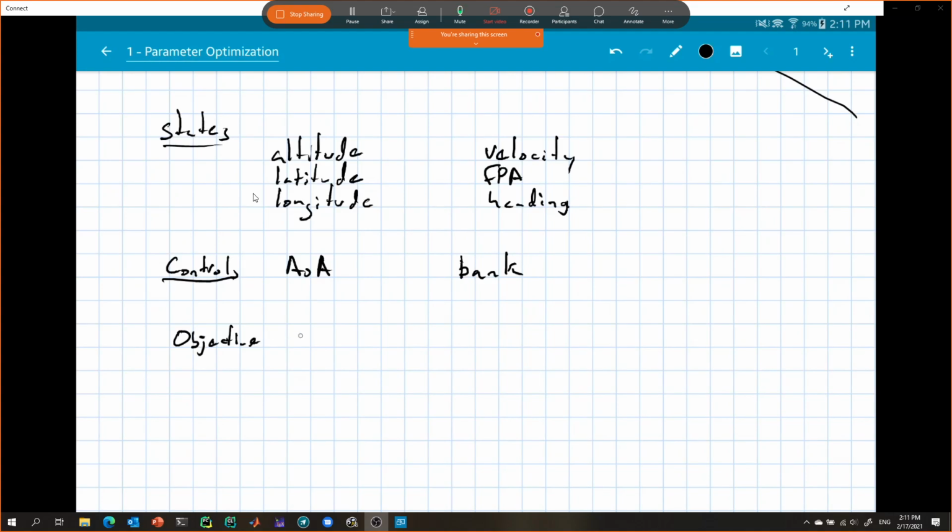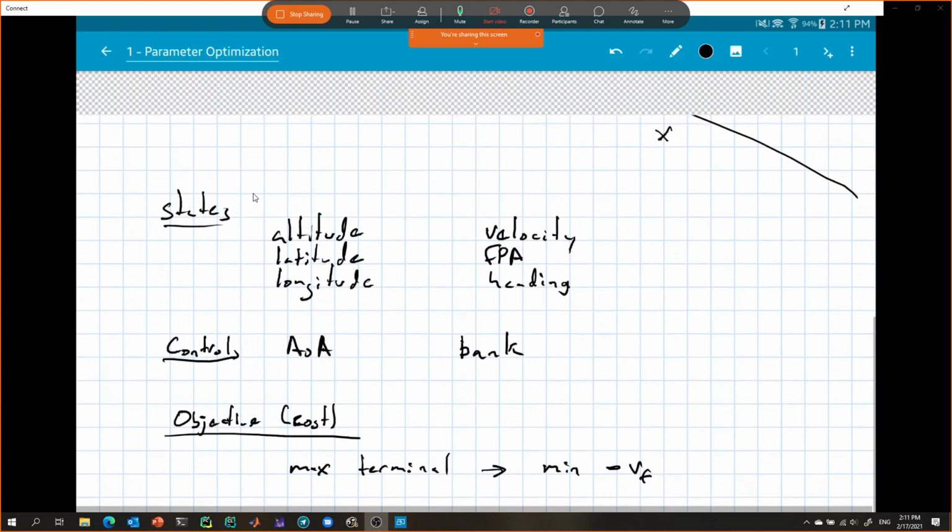It's also cost, and I'll just describe it in words here: it is to maximize terminal energy, but at a cost that is like minimize negative final velocity.